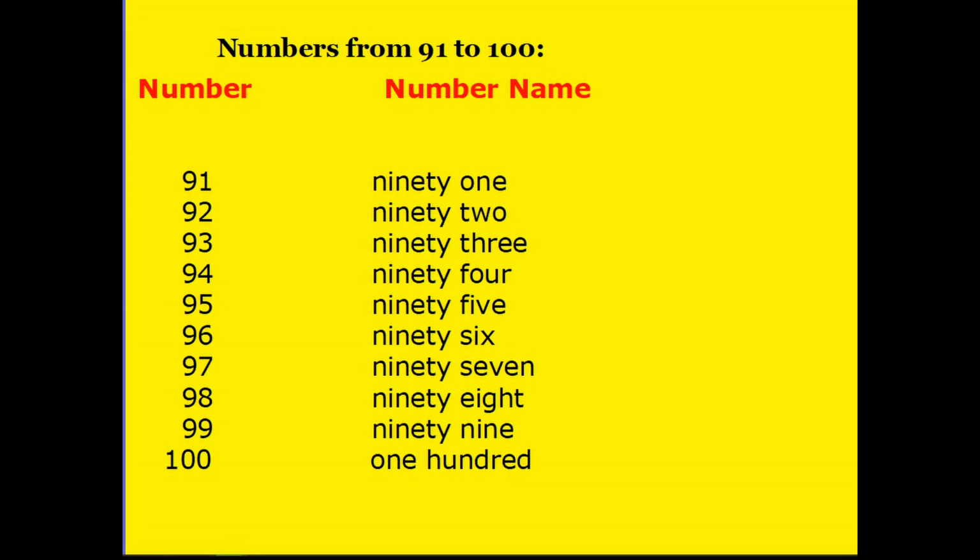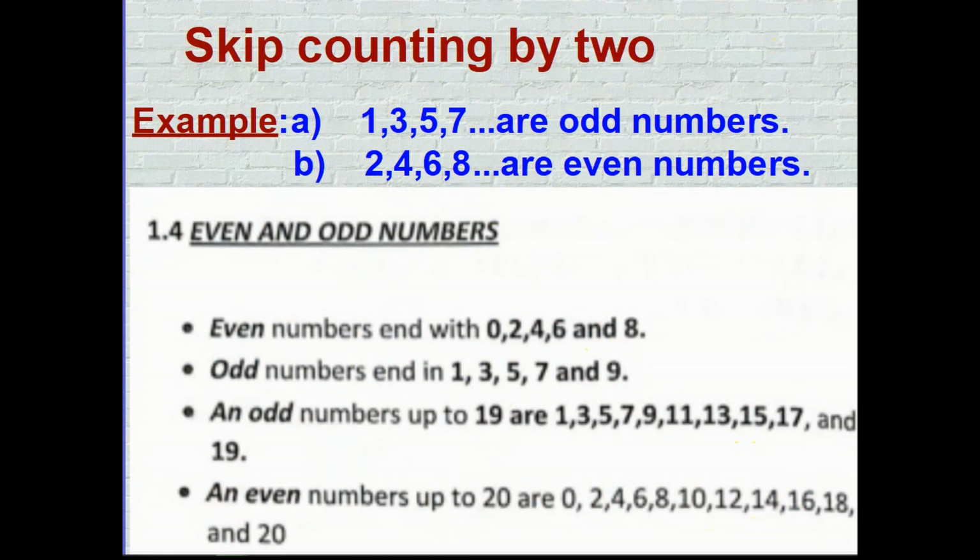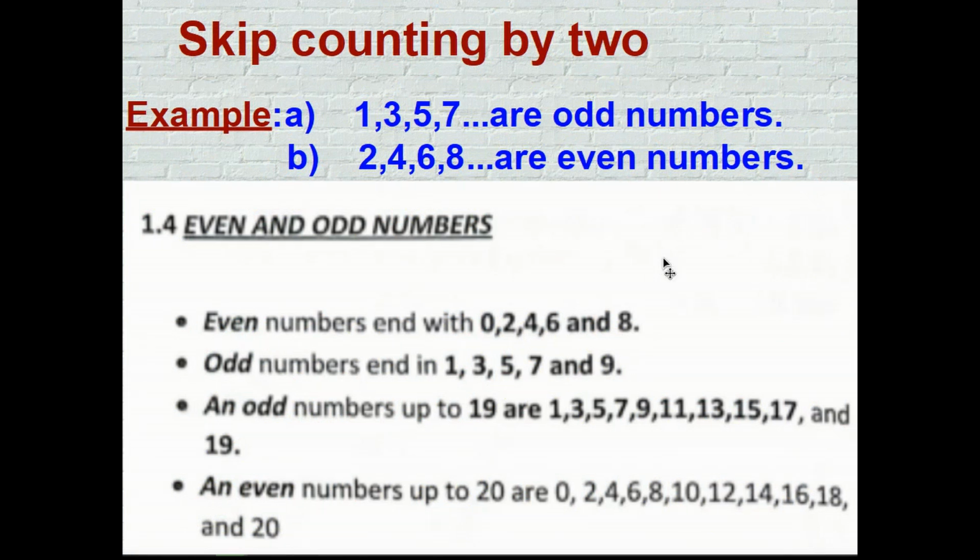So based on this, let's continue our discussion. Skip counting by 2. Here you have skip counting. There is skip count by 1 and skip count by 2. Here we're going to see skip count by 2.